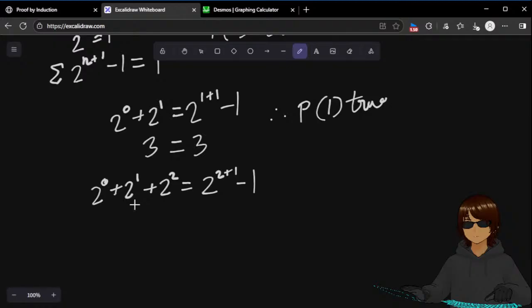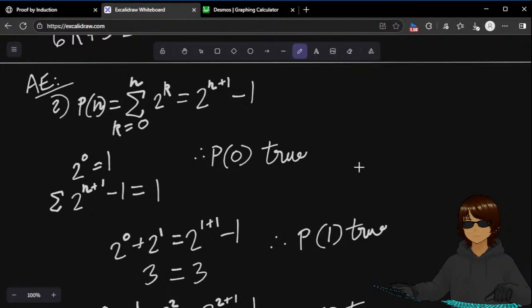1, 2, 4 is 7. And then 2 to the power of 3 is 8 minus 1, 7. Now what we have to prove, it works for some Pn.